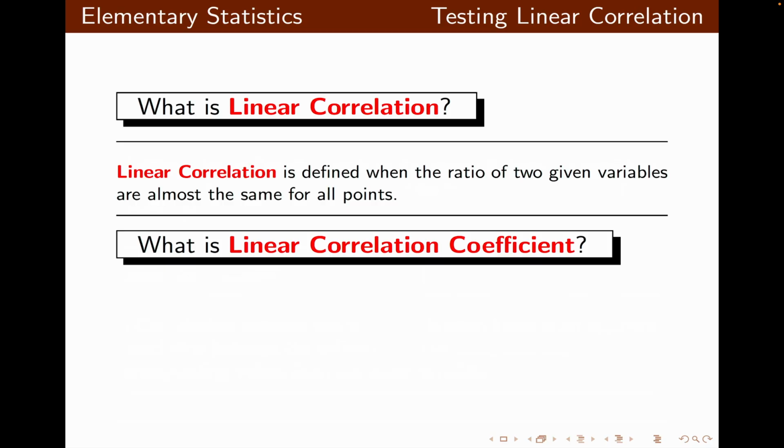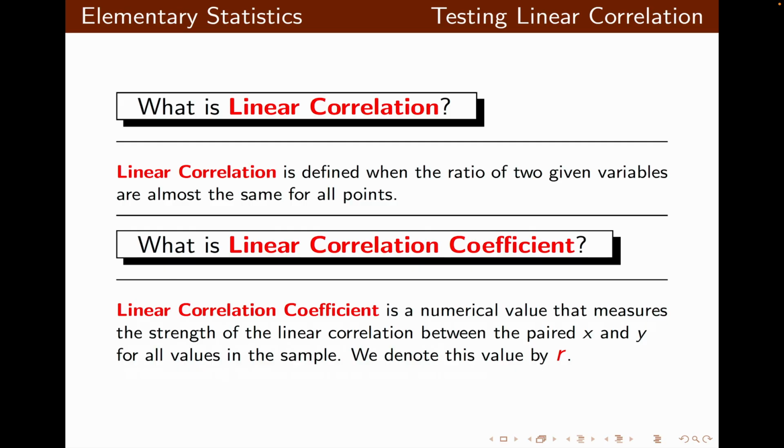What is the linear correlation coefficient? The linear correlation coefficient is a numerical value that measures the strength of the linear correlation between x and y, and it's usually shown by the letter r.